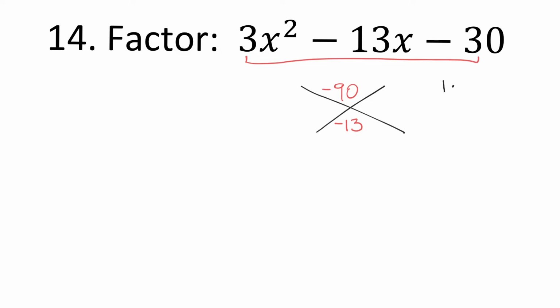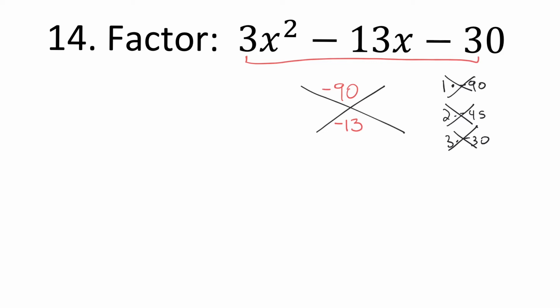I know sometimes it doesn't work, but 1 times negative 90, well, that's going to be negative 90, but it's not going to give me negative 13. 2 times negative 45, well, that's not going to give me negative 13. So you just start making a list. The next one will be 3 times negative 30. That's not going to give me negative 13, so I'm not going to use those factors.